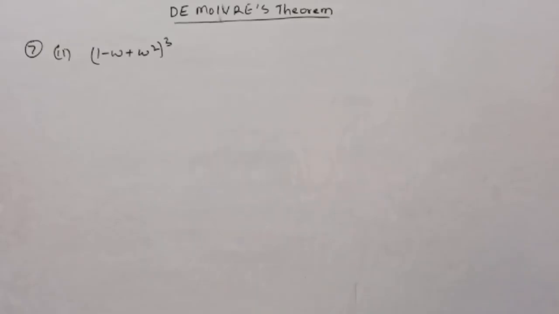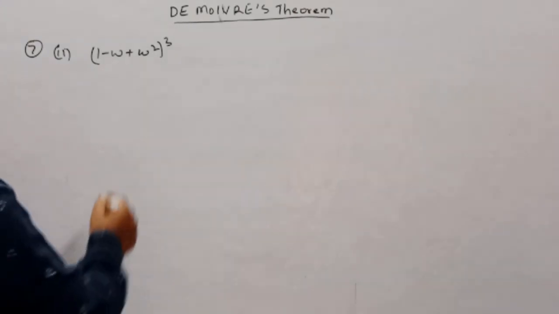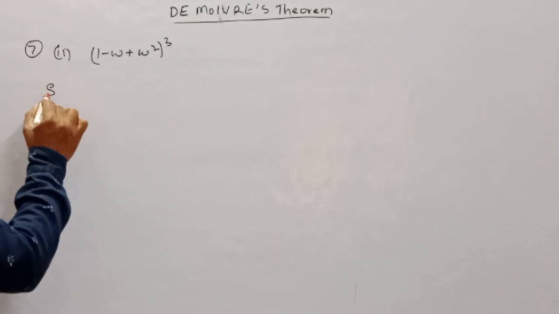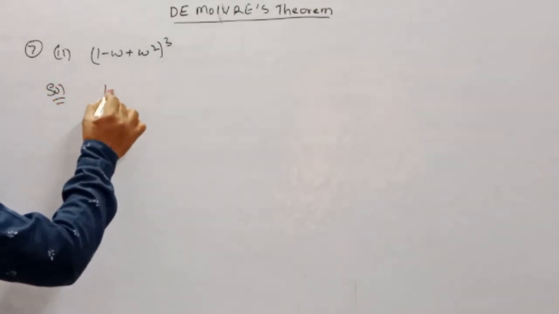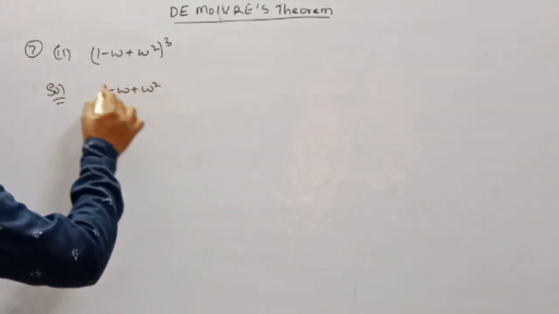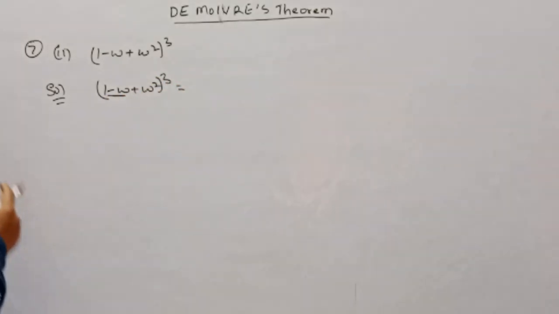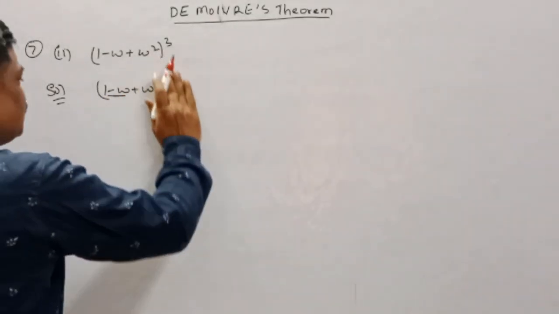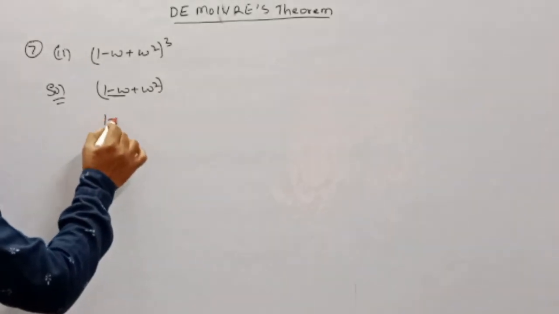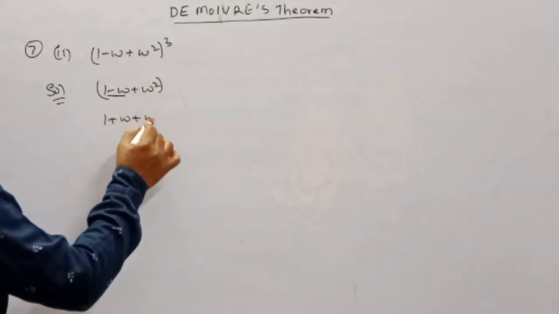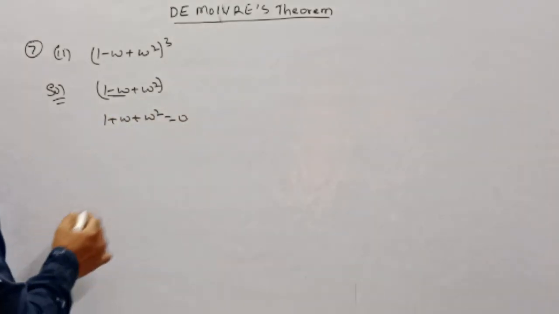One more problem. (1 minus omega plus omega square) whole cube. The value of this one we have to find. Here (1 minus omega plus omega square) whole cube is equal to, you take this as 1 plus omega square is equal to minus omega. Why?